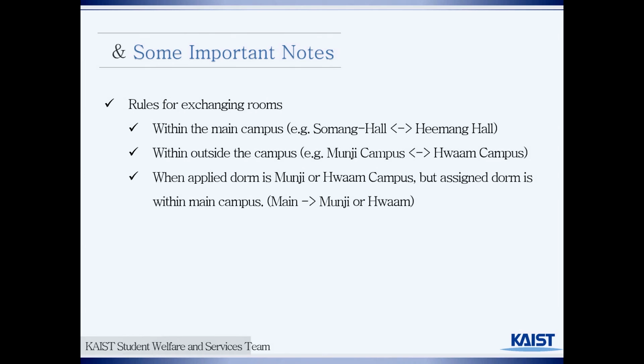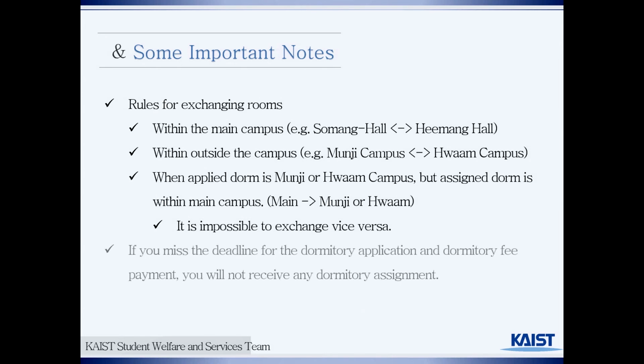And when the applied dorm is Munji or Hwam campus, but the assigned dorm is within the main campus, you can exchange from the main campus dormitory to an external dormitory at Munji or Hwam. And it is important to note that it is impossible to exchange vice versa. That is, you can't go from Munji or Hwam to the main campus.